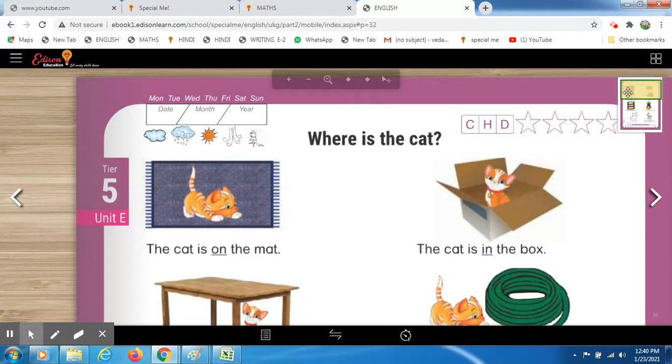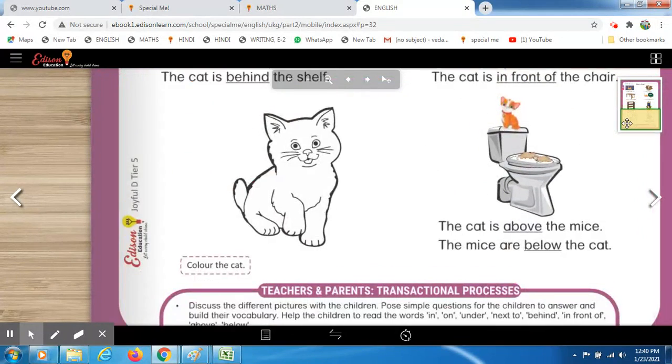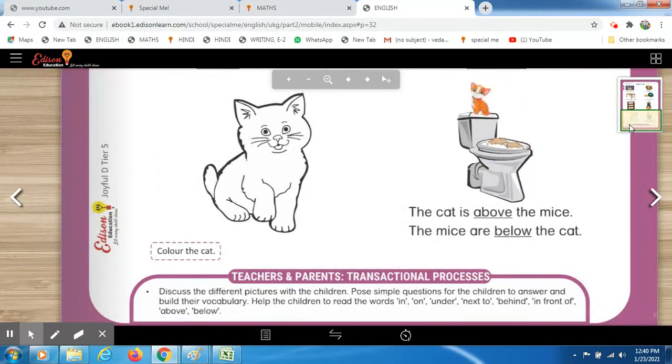Before starting this worksheet, and reading all those sentences, we have to read these teacher and parents instructions. Discuss the different pictures with the children. As you see in this worksheet, there are different pictures with content written below, right? Under every picture there is some content, some sentences for you. You just have to see the pictures and then pose simple questions for the child to answer and build their vocabulary.